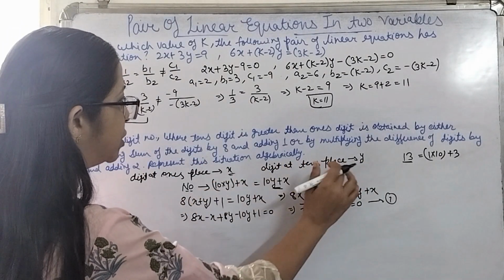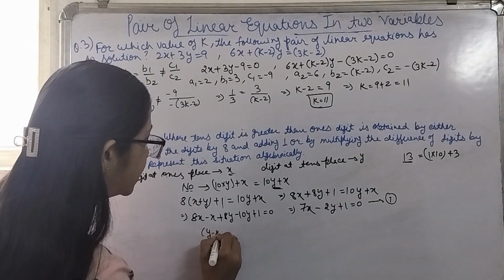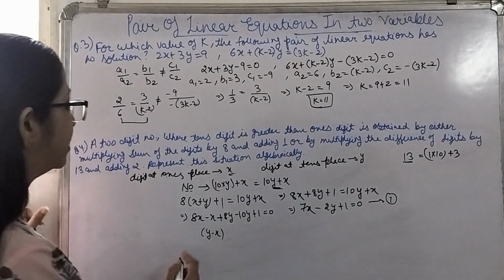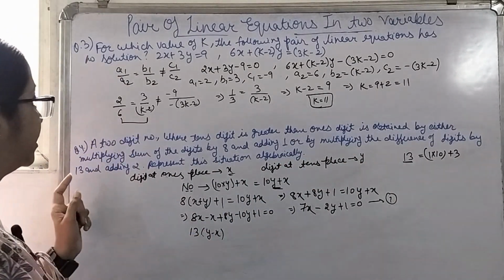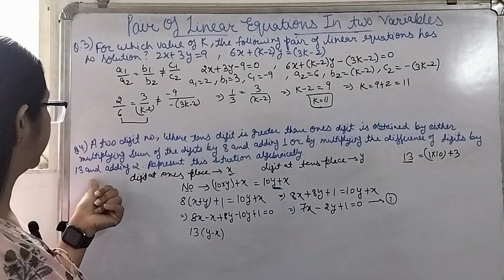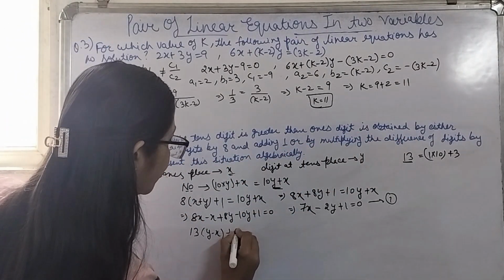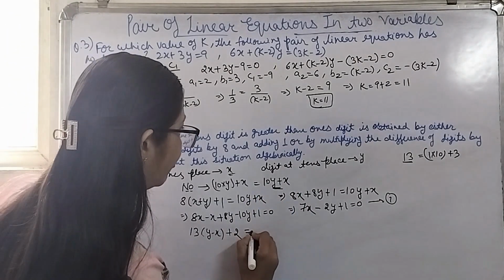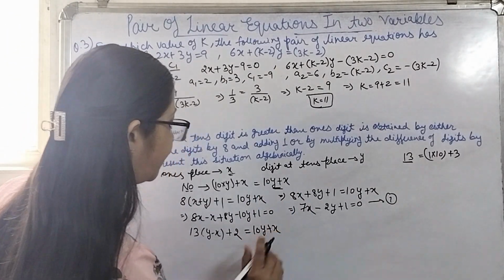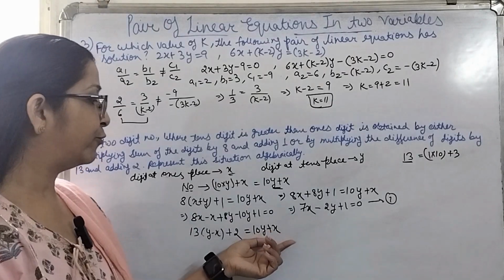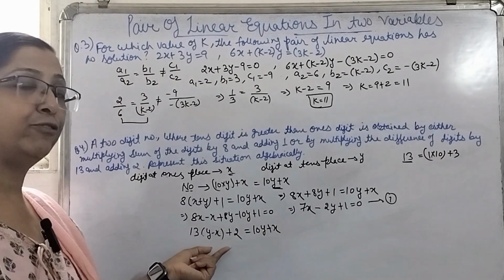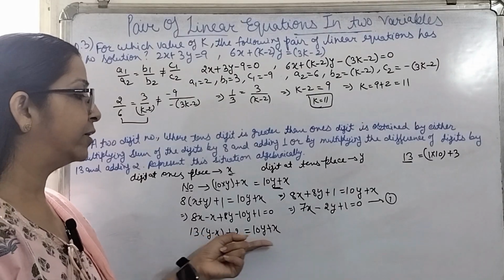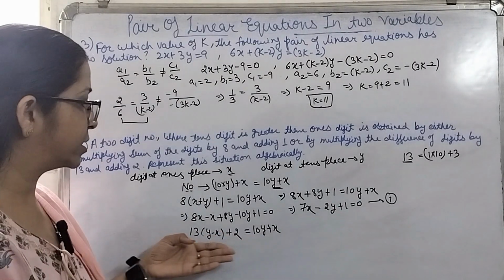So the difference of the digits will be y minus x, greater minus smaller. We multiply the difference of the digits by 13 and add 2, and we are getting the number. So the number is your 10y plus x. So how are we getting the number? We find the difference of the digits, multiply it by 13 and add 2 to it, and we get the number. So this is the condition.